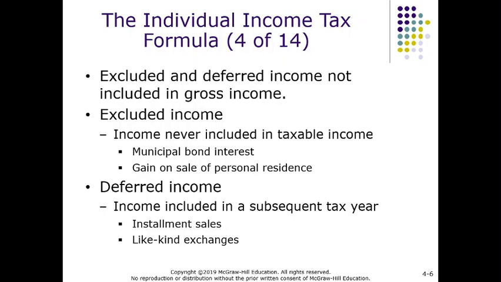If you sell something on installment sale terms, then that income is deferred until you actually receive the installment payment. Something called like-kind exchanges, property that's exchanged for other like-kind property, which is again a term of art, is excluded or deferred, excuse me.